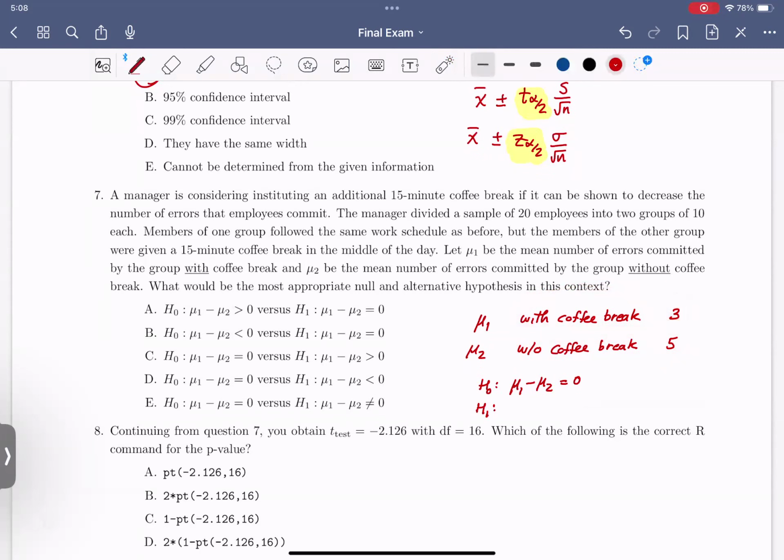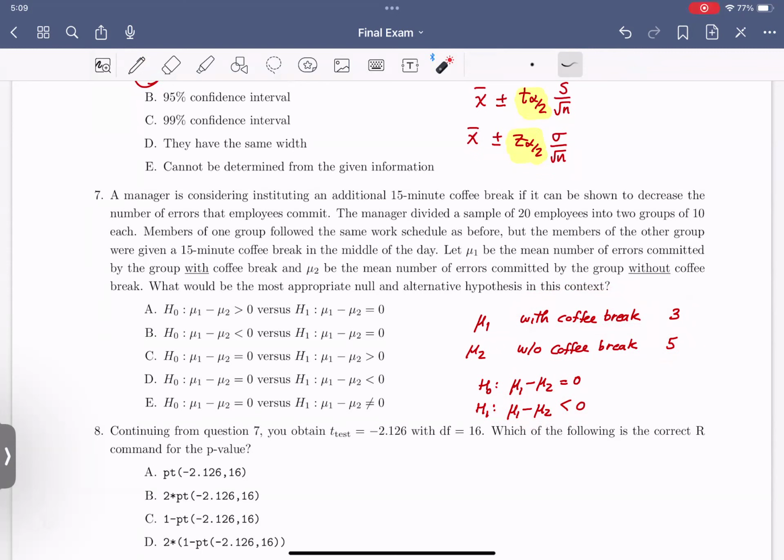So the case that you want is mu1 minus mu2 less than 0. This is the case that you want, because if this happens, it means the coffee break is effective because it can reduce the mean number of errors committed by the employees.